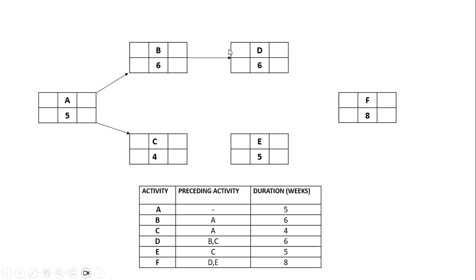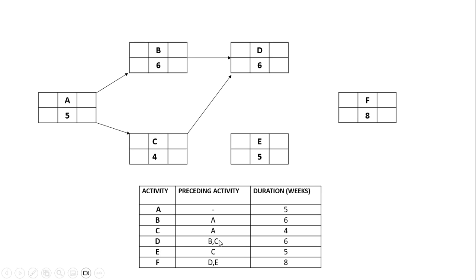For B, we see that activity D is going to take 6 weeks. And you will see that an arrow is drawn here as well from C to D, which means that D can only start after B and C are completed, which is what you're seeing here.